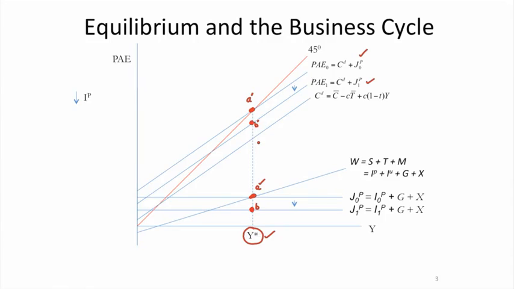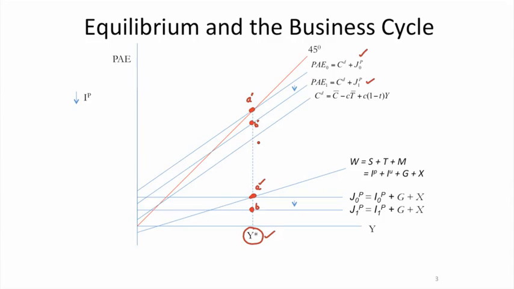So again, this is a situation of disequilibrium. We now have an imbalance between firms' production and the economy's planned aggregate expenditure. Firms are overproducing relative to what the economy wishes to purchase.